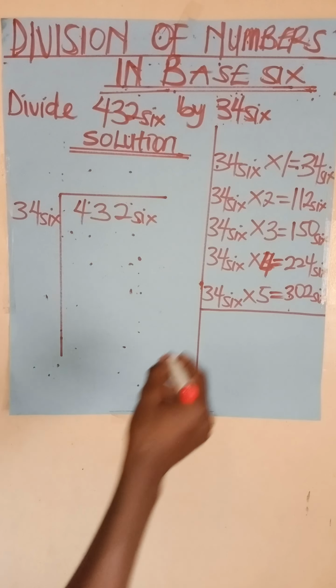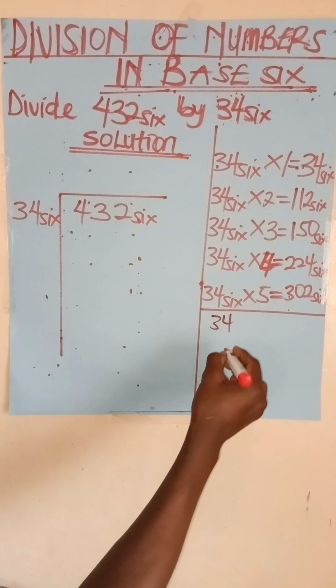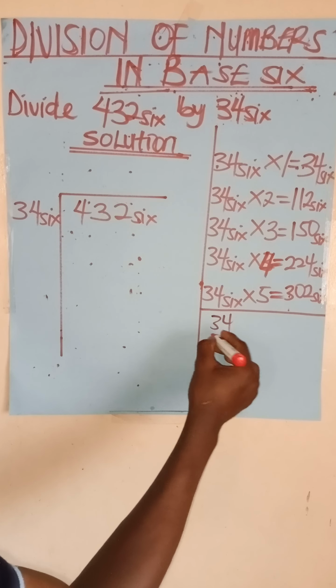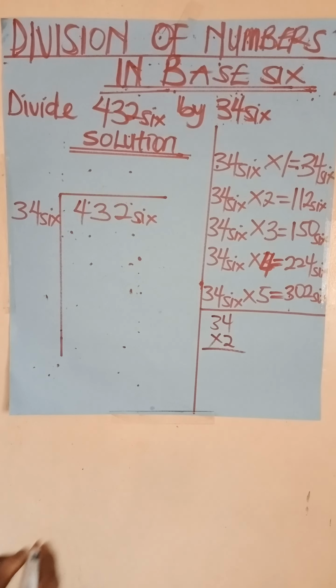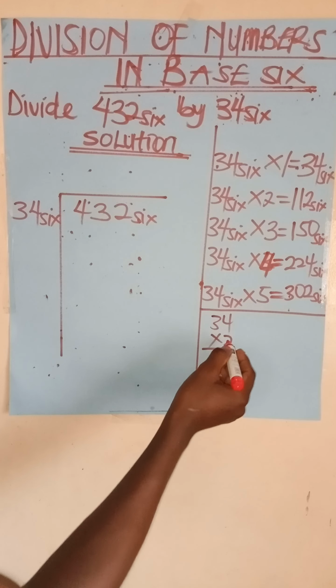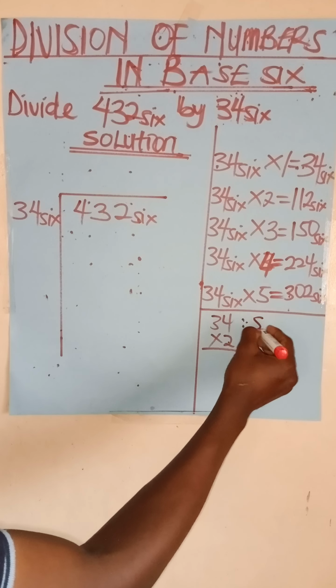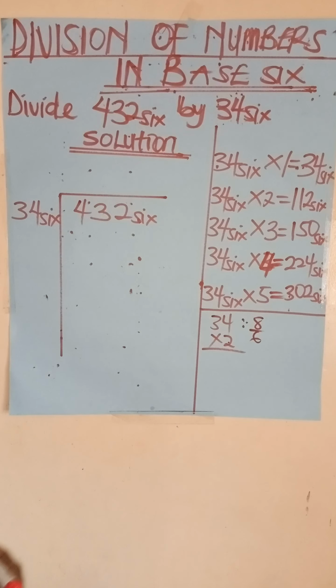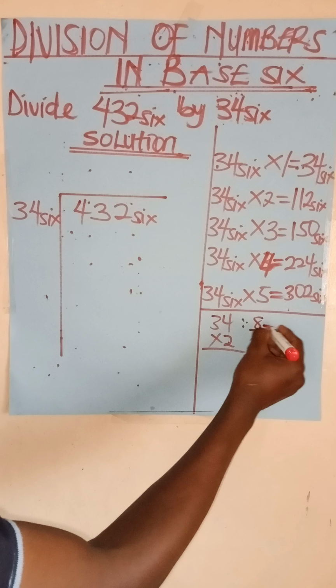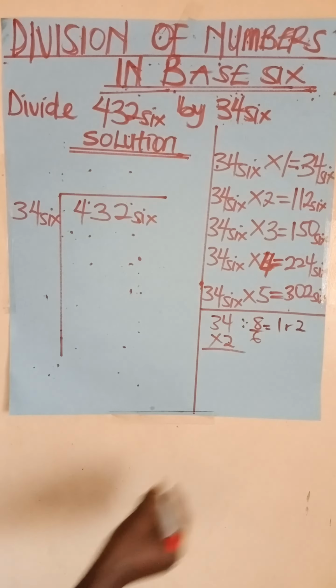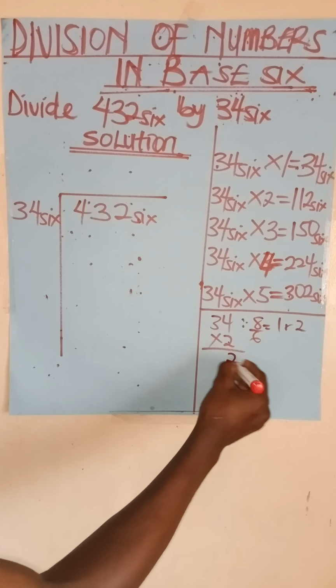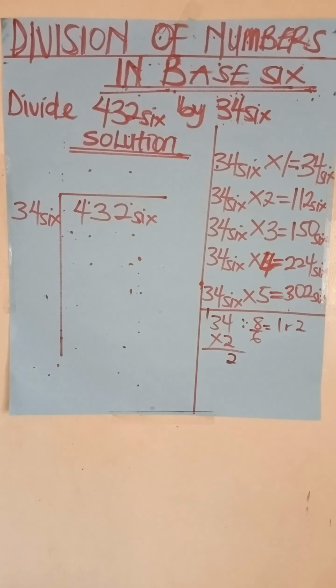Please take note of this. By saying 34 base 6 multiplied by 2, don't forget that we are multiplying in base what? In base 6. 4 times 2, 8. You know I won't write 8. I will have to divide 8 by the base, and that is automatically 1 remainder 2. I will write my remainder here, then put my 1 here.